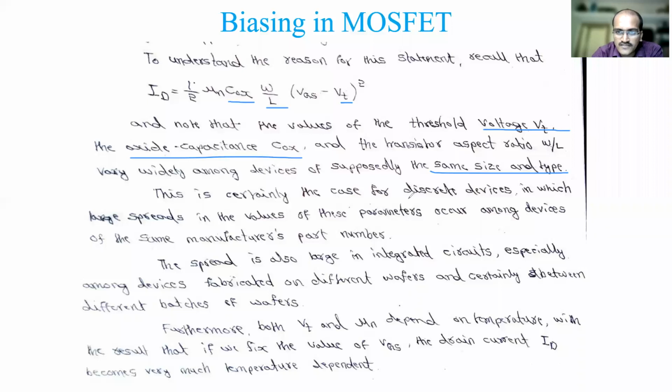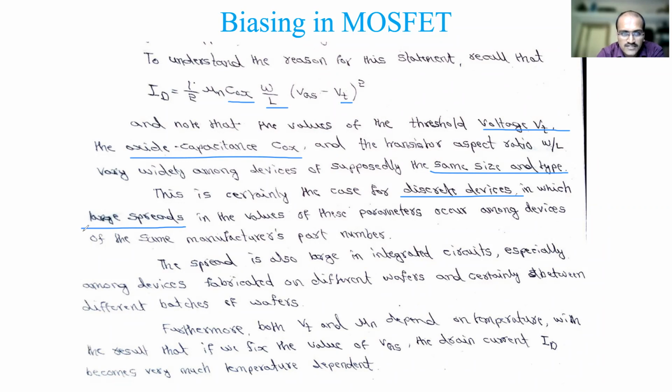This is certainly the case for discrete devices. In the case of discrete devices, that means using a breadboard, you are connecting one-to-one components, in which you will see large spreads in the values of these parameters among devices of the same manufacturer's part number, even if the same manufacturer designs a different part number, different size and type.